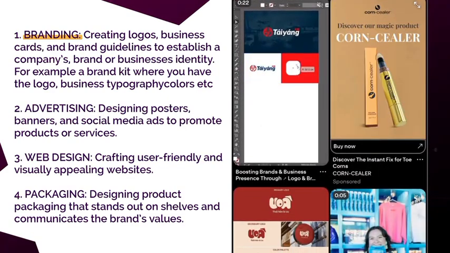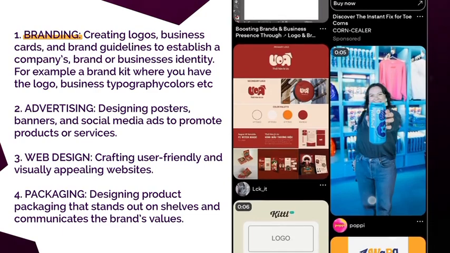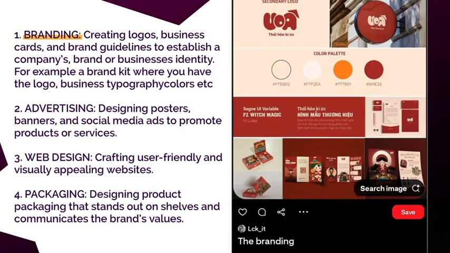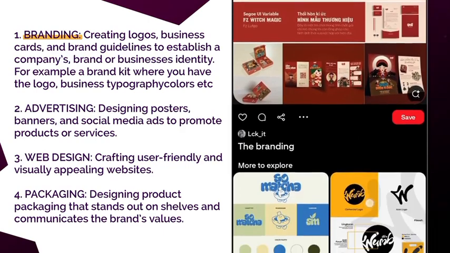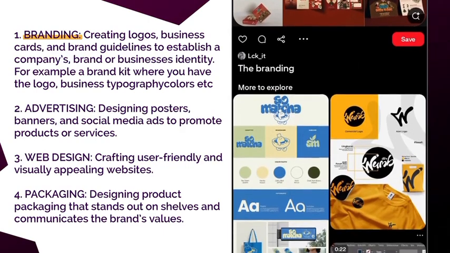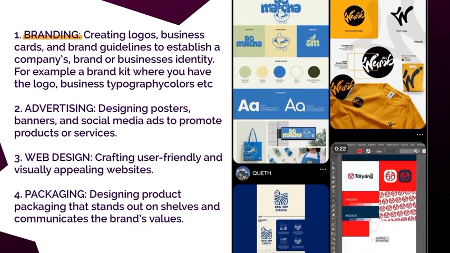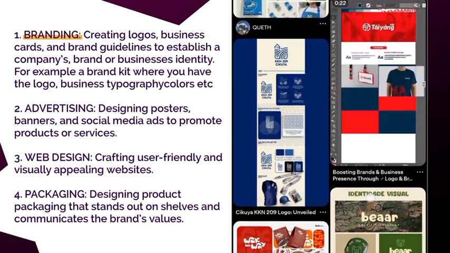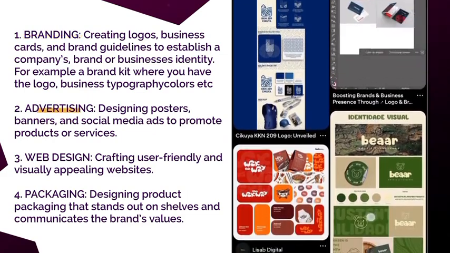This is a way of bringing a business to life. Take for instance, all these companies, they are branded. That's why you see them with specific colors and typography, which blend with the personalities of their business.